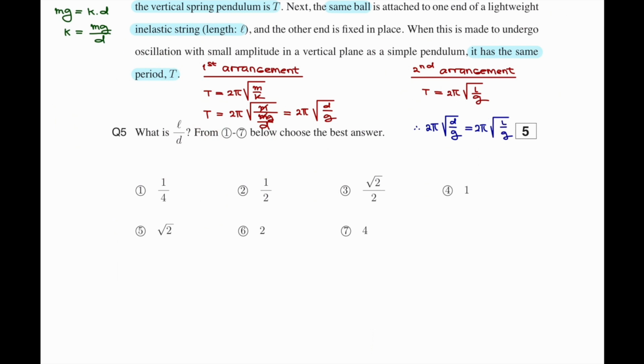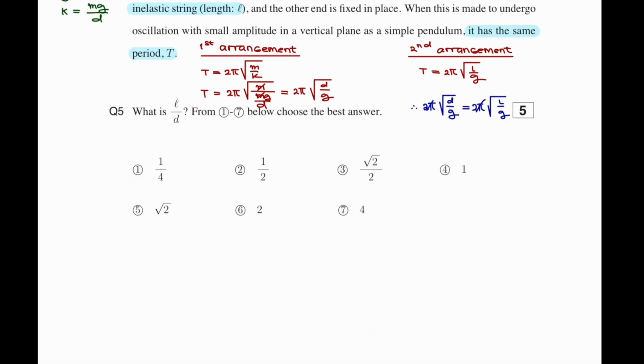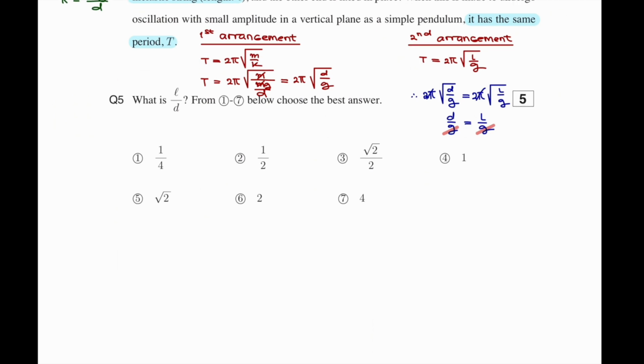Of course, we can cancel out 2 pi here, and then I can square both sides to obtain d over g equals L over g, and then we can cancel out g. Then we will obtain L over d equals 1. So my final answer for this question is number 4. Okay, this is for question number 5.